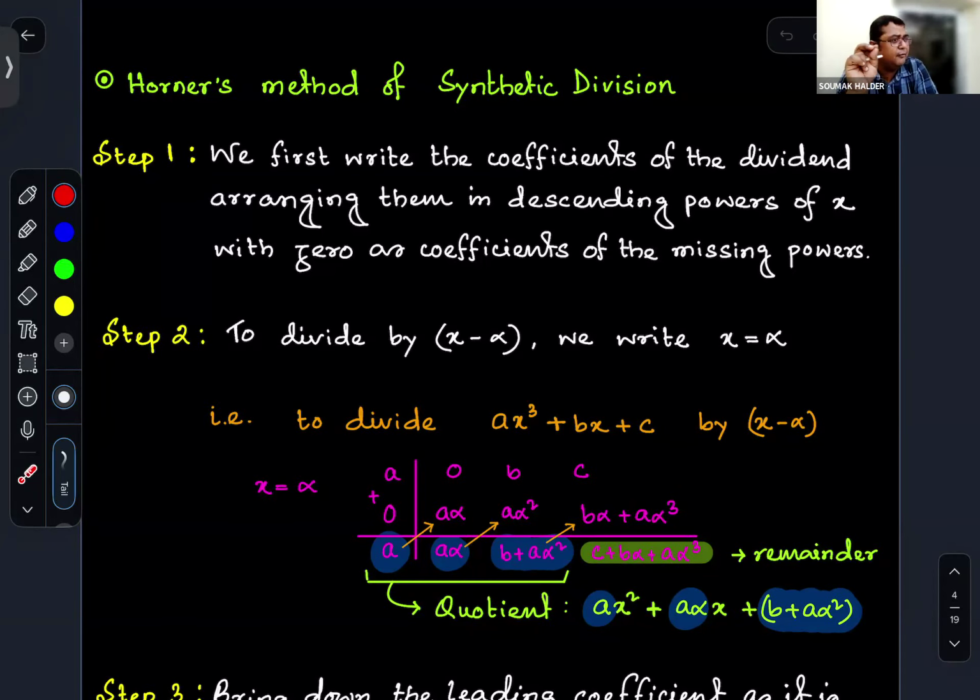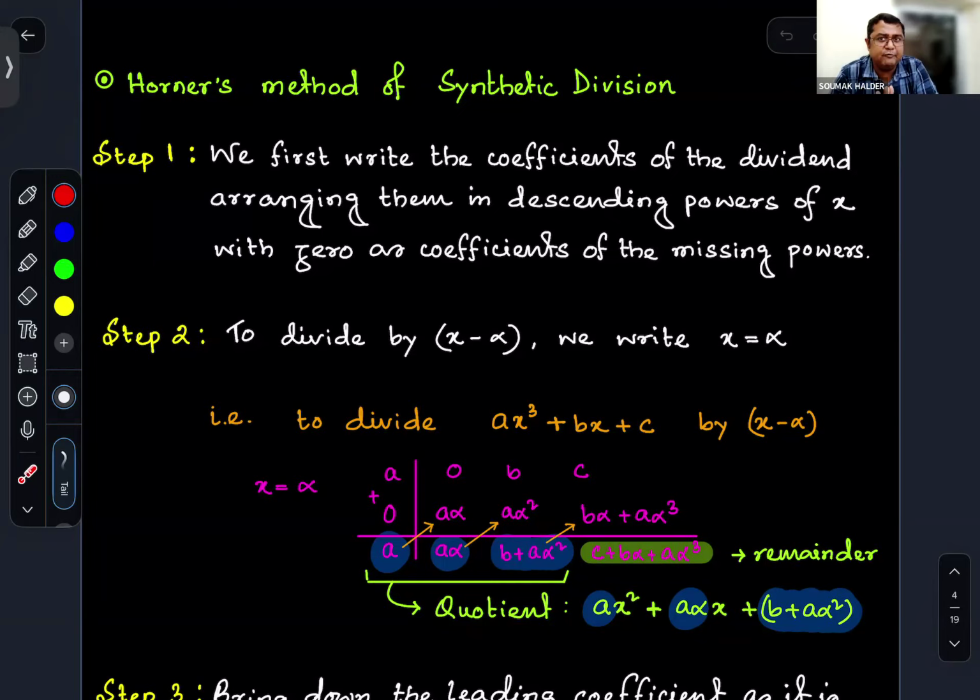At the beginning you have written the first row of every column filled by the coefficient from the dividend. Now the second row of these columns is to be filled from the previous column addition multiplied by alpha, and then performing addition, whatever sum value you are getting, again multiplied by alpha, carrying it to the next column, and so on until we reach the end of this process.